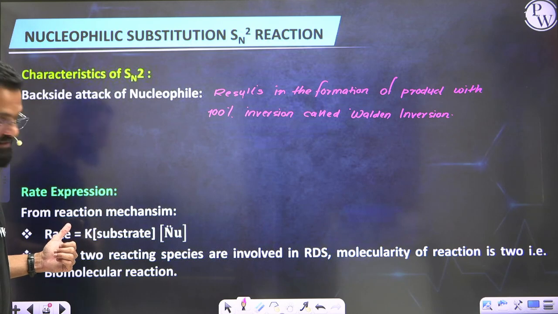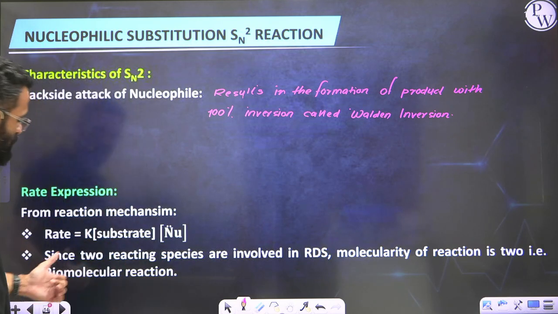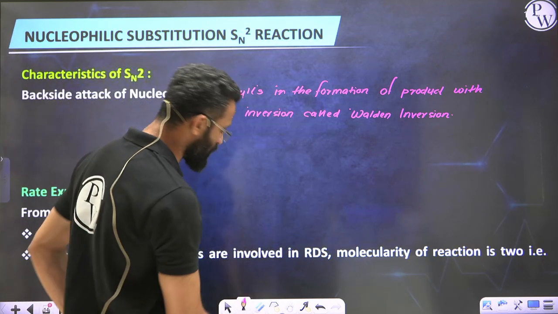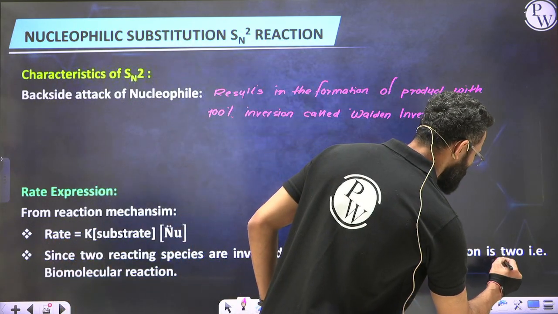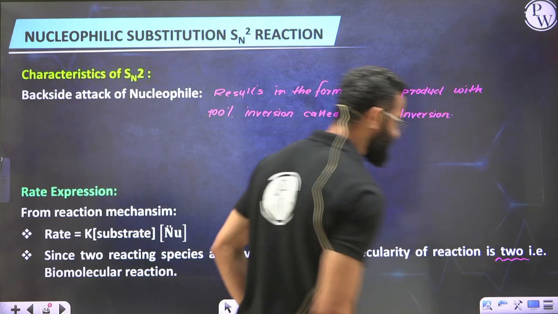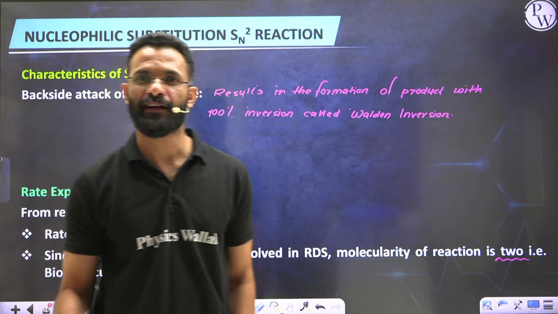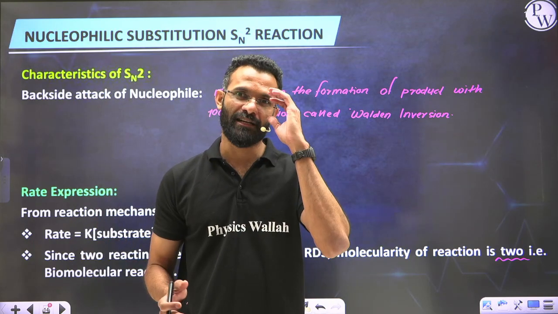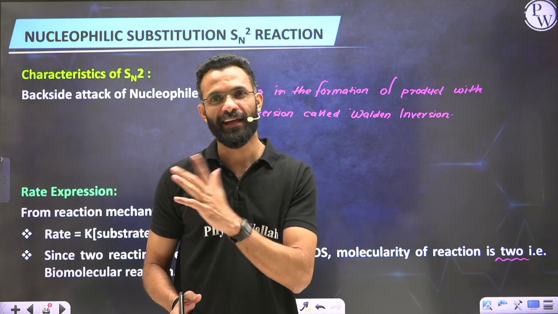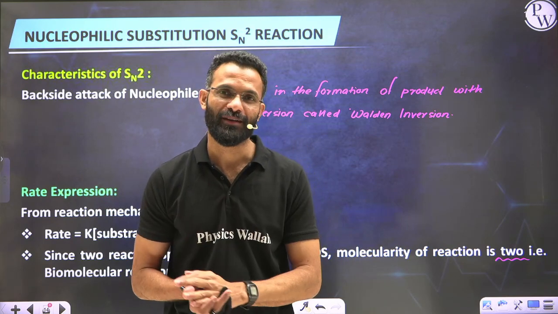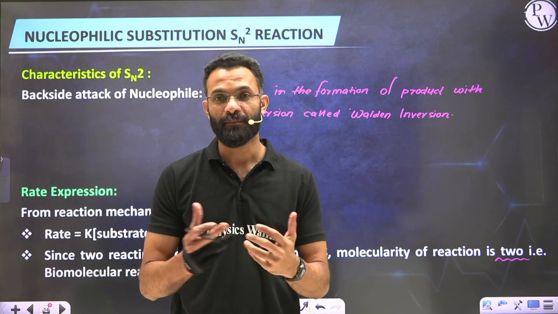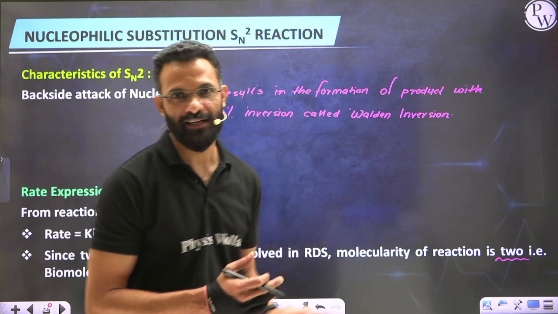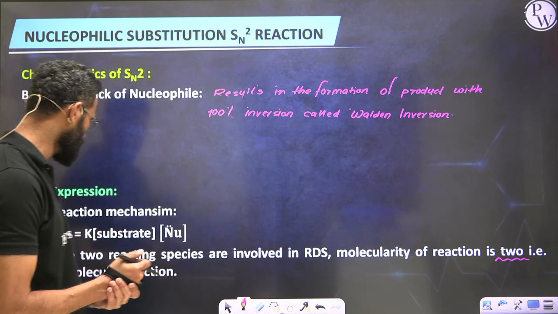All right, guys. Since 2 reacting species are involved in the RDS, we know that the molecularity of the reaction is 2. The molecularity can be simply identified from the RDS step. Check how many molecules are present in the RDS. If only one, like SN1, you'll call it unimolecular. If both reactants, meaning substrate and nucleophile, are present, like in SN2, the molecularity of the reaction is 2.